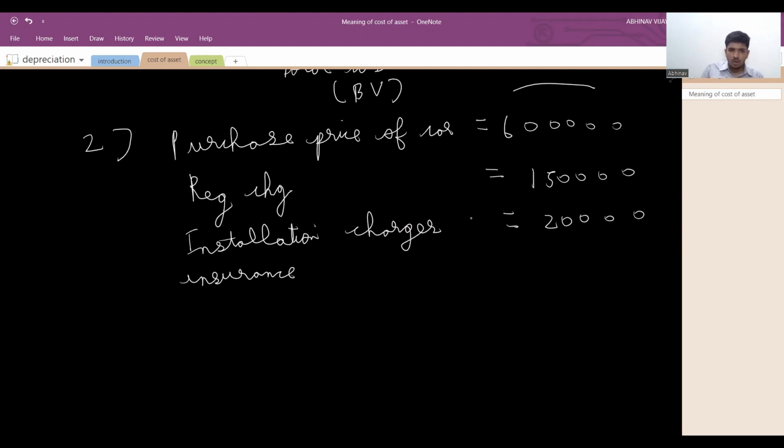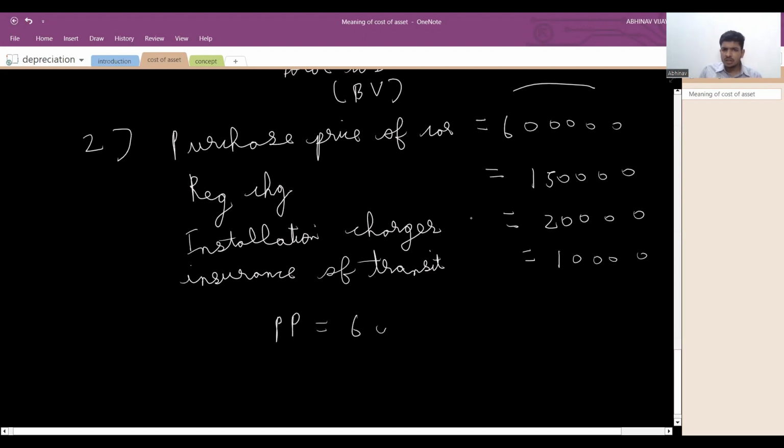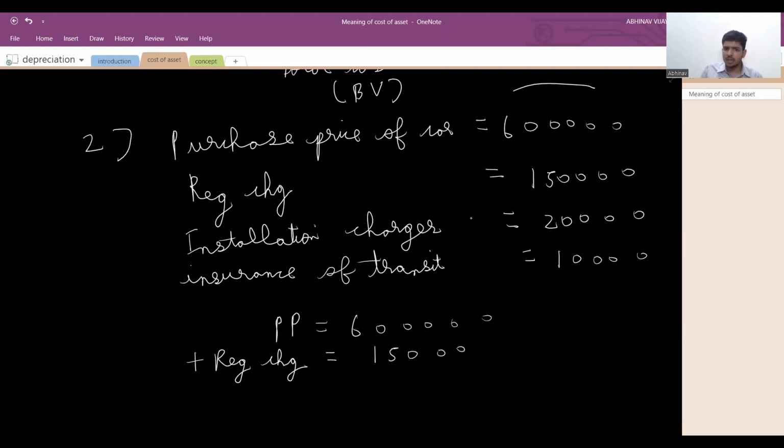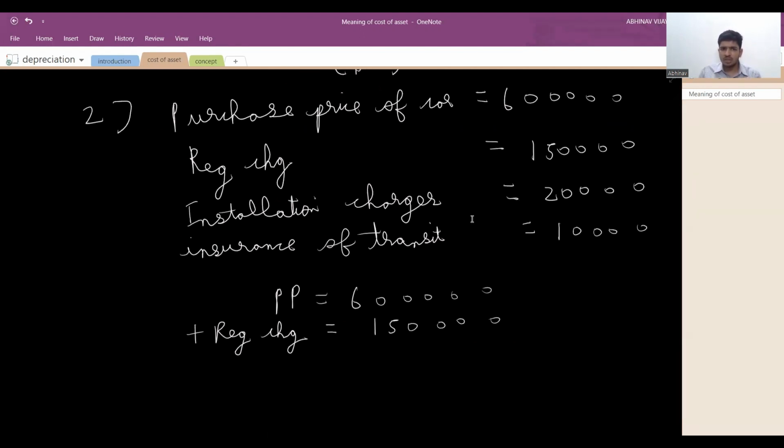Insurance of transit. Now, this is the new point I wanted to explain. Insurance of transit 10,000. Now, let's calculate. Same thing. Purchase price 6 lakhs plus registration charges, because it's paid before you bring it to the place of use of the asset. At the time of purchase, the registration charges paid is 1 lakh 50,000 rupees.